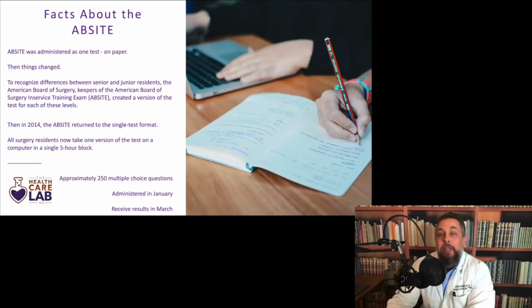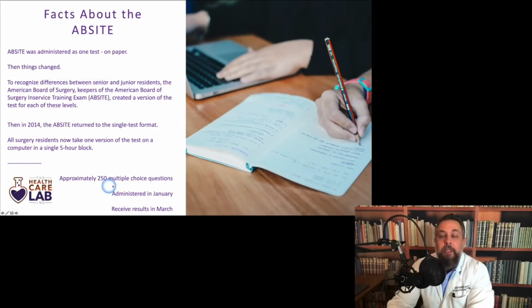Either way, the ABS created a version of the test for each level. There was a junior and a senior exam. And then, in approximately 2014, the Absite returned to a single test format. All surgery residents now take one version of the test on a computer in a single 5-hour block.